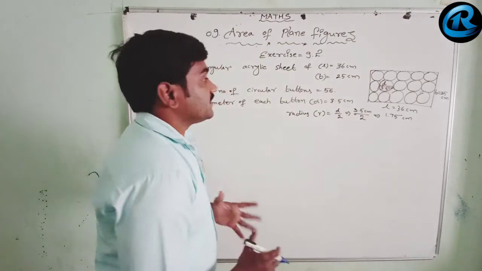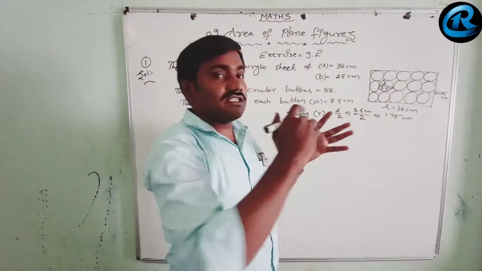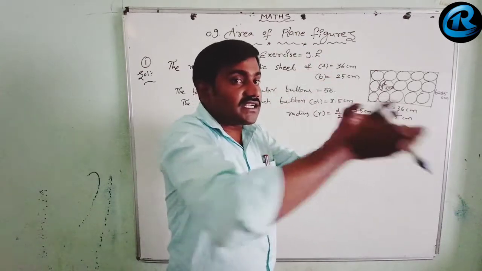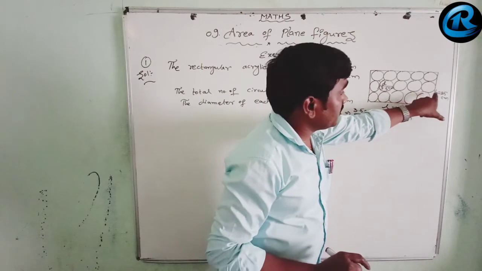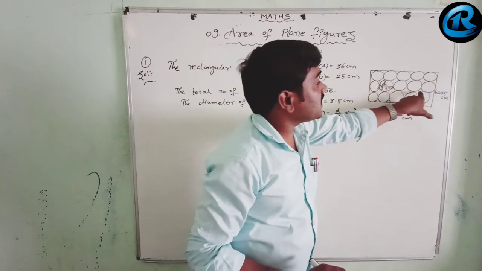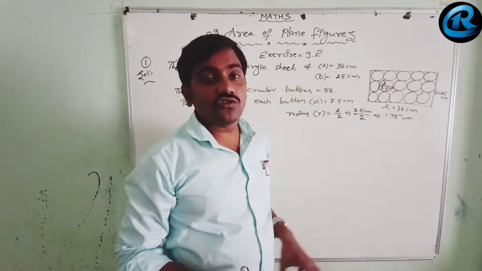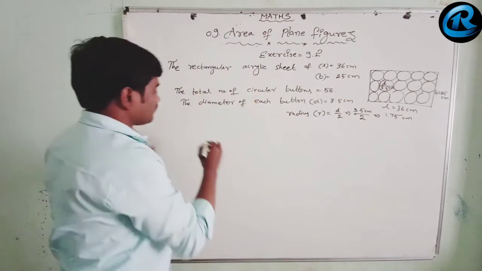That means here there is a rectangular sheet like this. He cut 56 buttons from it. After cutting, these places are left over, the uncovered places. That area we need to find out. So how can we find out the area of the remaining sheet?